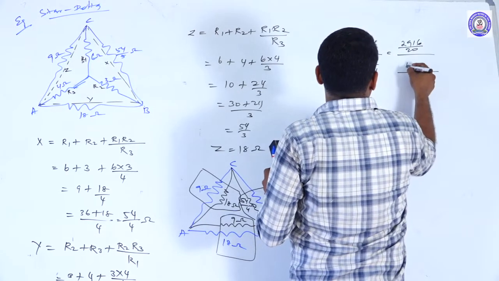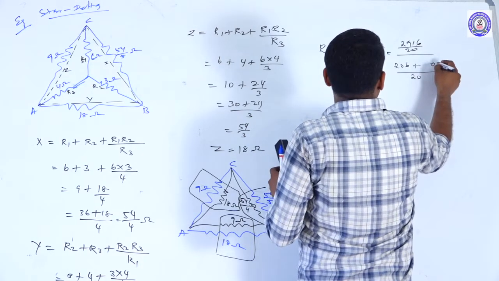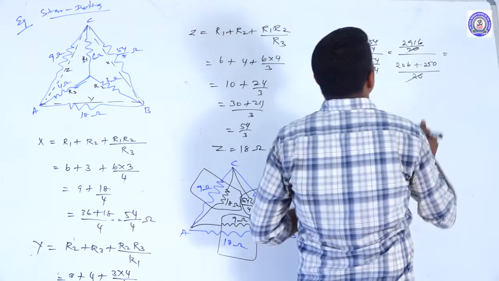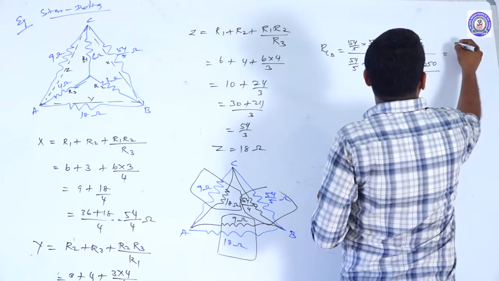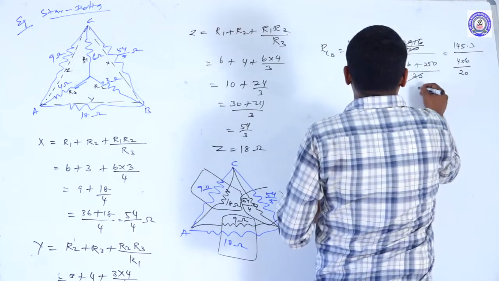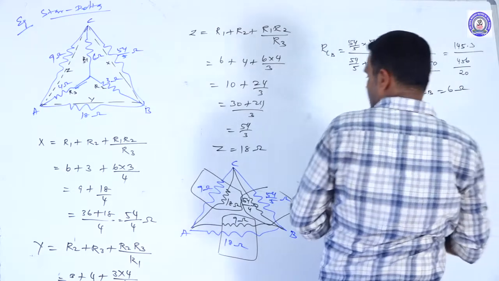So on simplifying this entire value, you will get RCB is equal to 6 ohm.